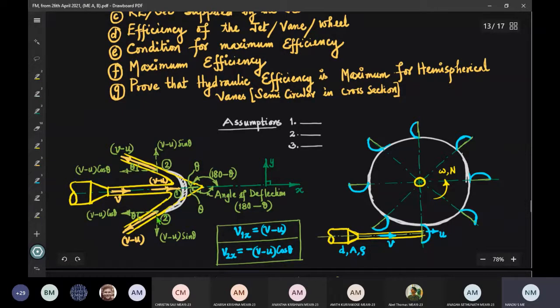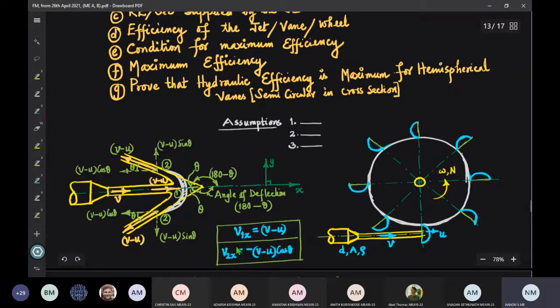After deflection, the velocity of the jet in the x direction is v minus u cos theta, since it is inclined at an angle theta to the horizontal, but it is directed in the negative x direction. So it is taken as negative. So v2x is minus v minus u cos theta, and v1x is v minus u.